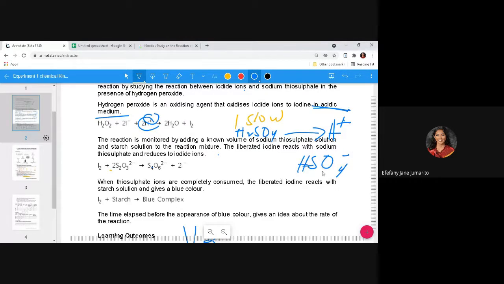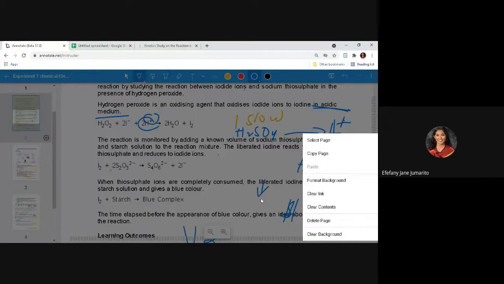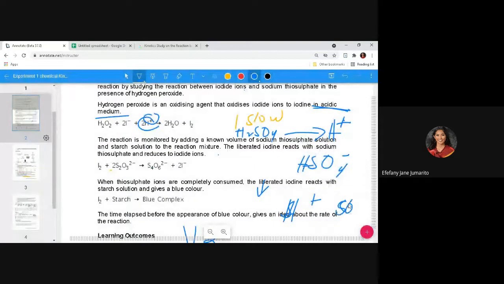This is partial, but when you go further, that will become H plus again, and then we have SO4 2 minus. So that's dissociation. Later in the next chapter, we will learn that one.